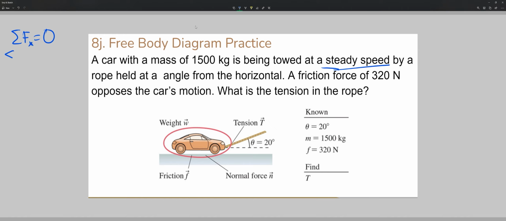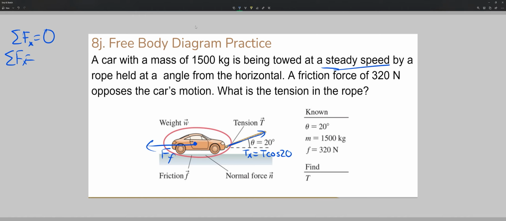And we can say that for my net forces acting in the x direction, there's a frictional force acting to the left. But the tension along the x-axis is equal to, again, this side here is adjacent to your angle. I will put my hypotenuse, tension, adjacent, which is cosine, right? So cosine 20 degrees.